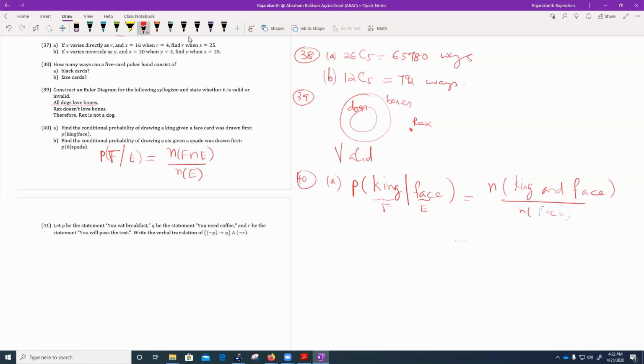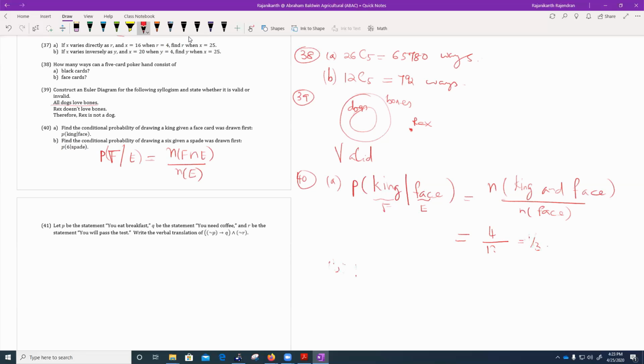Of course, the king card is also a face card. So only one possibility for one variety. There are four varieties, therefore you will have four options. If you look at the face cards, how many are there? Of course, three from each variety. You have four varieties, so four times three, which is 12. So it is 4 over 12. Yes, that is one third.